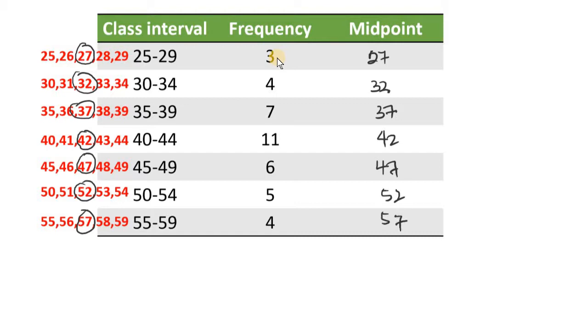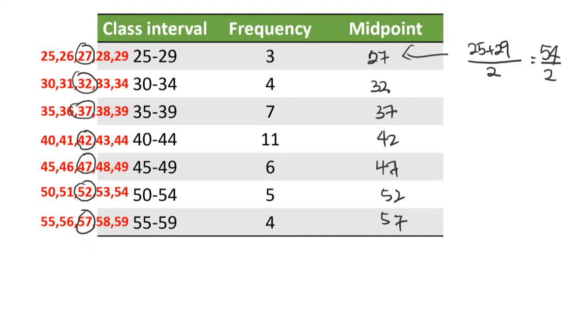And you see these values can be calculated, that is 25 plus 29 divided by 2, which is 54 over 2. Then you will have a midpoint of 27.